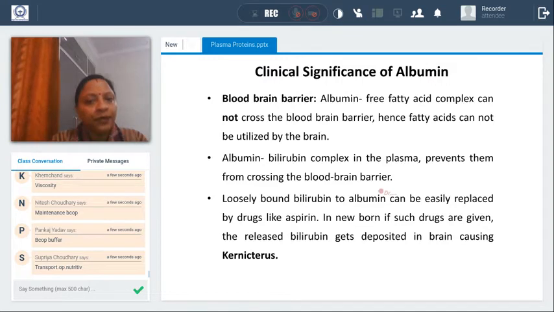Loosely bound bilirubin on albumin can be easily replaced by drugs like aspirin. In newborns, if such drugs are given, the released bilirubin gets deposited in the brain, causing kernicterus. You all know icterus.